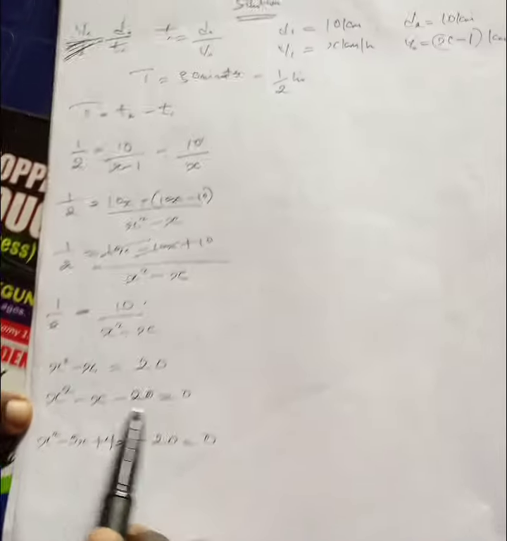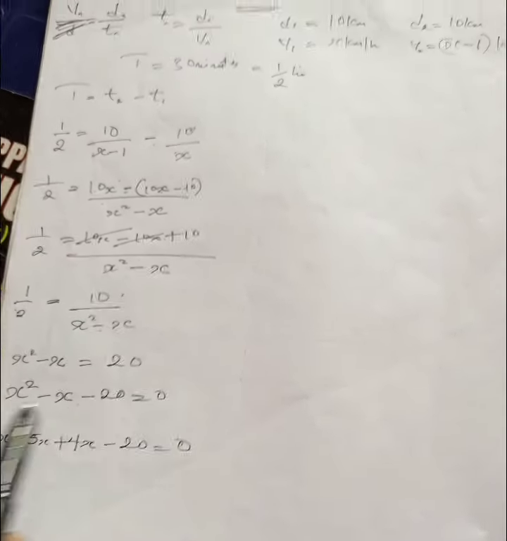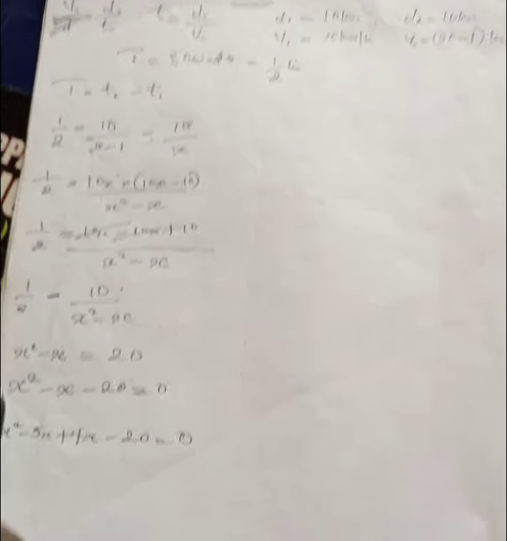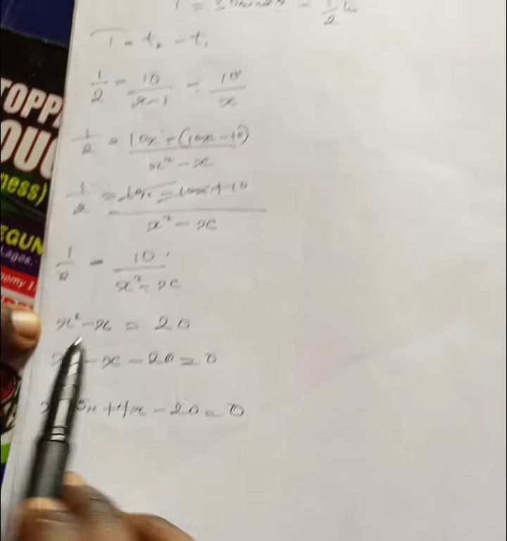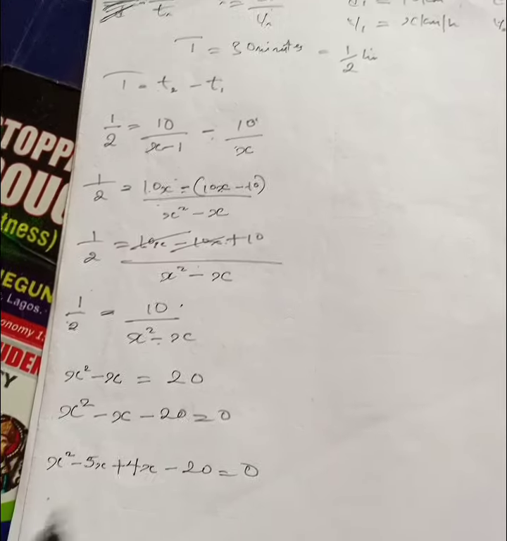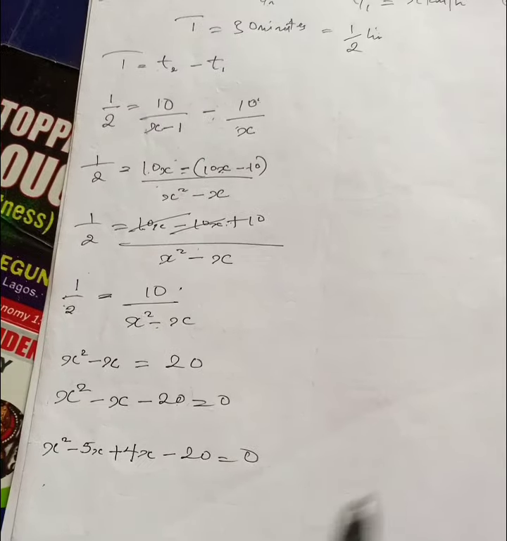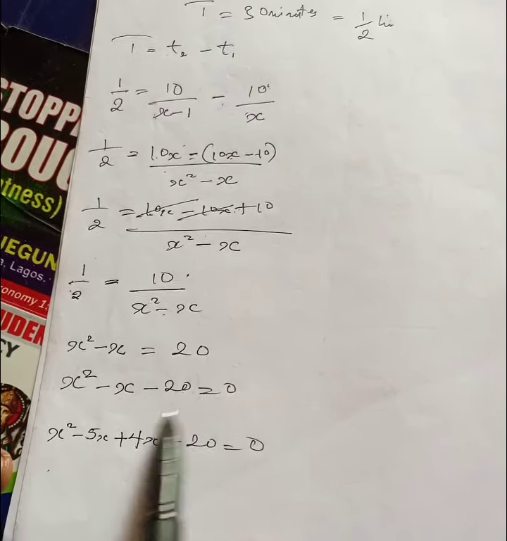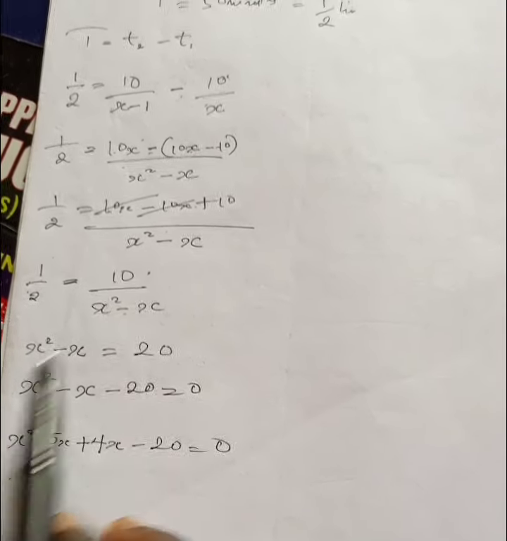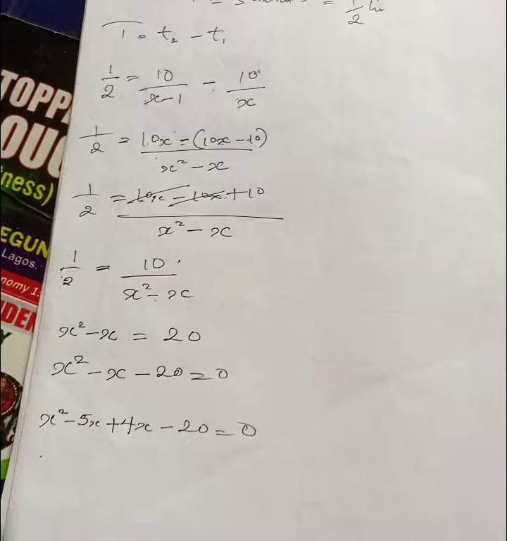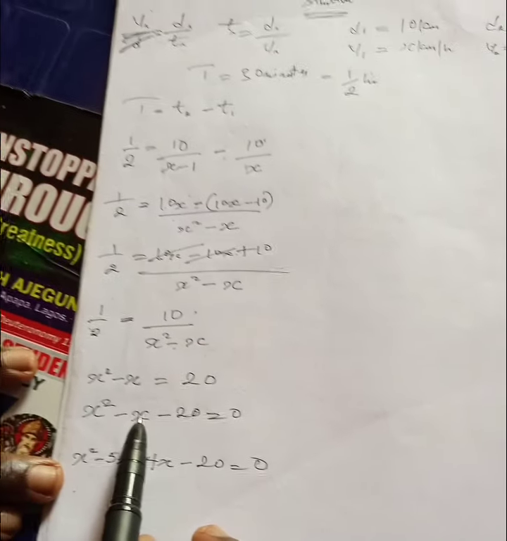You multiply negative 20, the last term, by the first term, which is just 1 here, and that gives negative 20x squared. Then I think of two values that multiply to give negative 20x squared and add to give negative x.